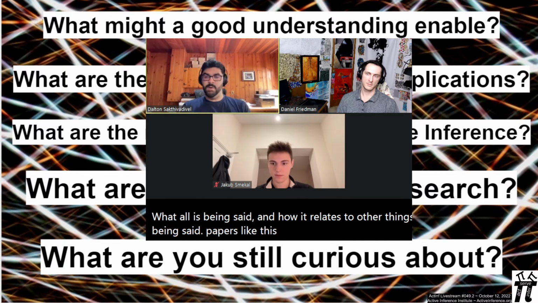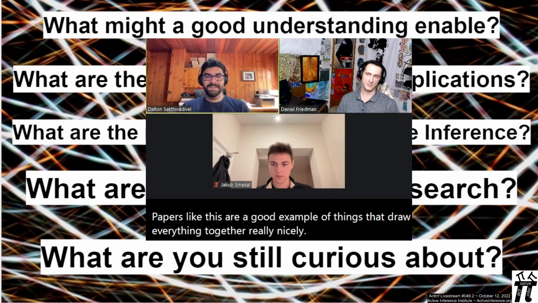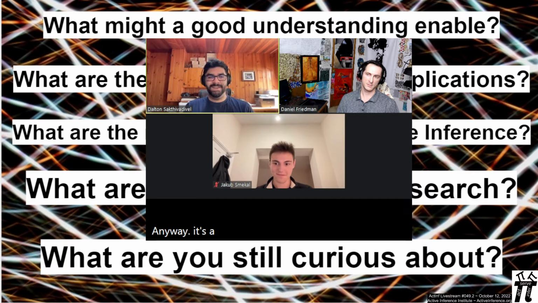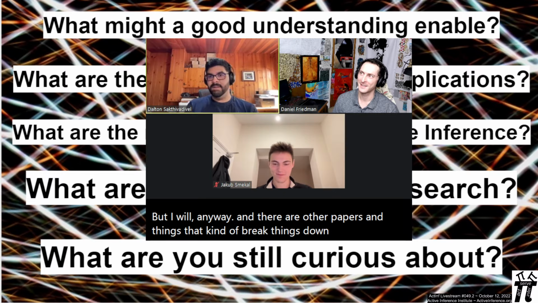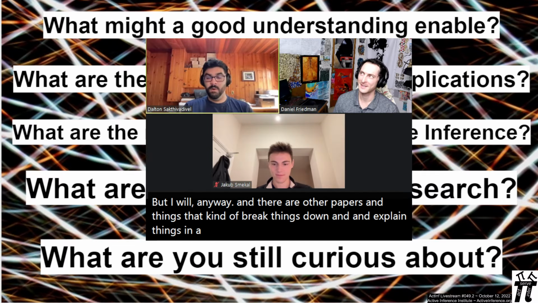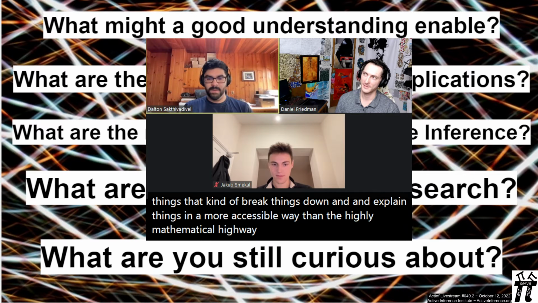Papers like this are a good example of things that draw everything together really nicely. And there are other papers that break things down and explain things in a more accessible way than the highly mathematical, highly technical work that's also being published.